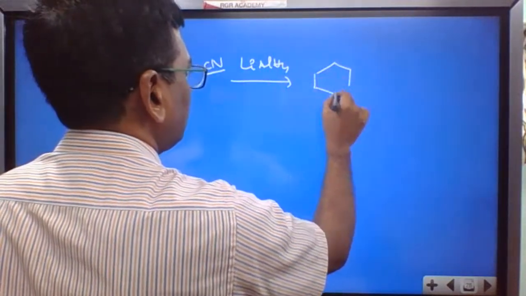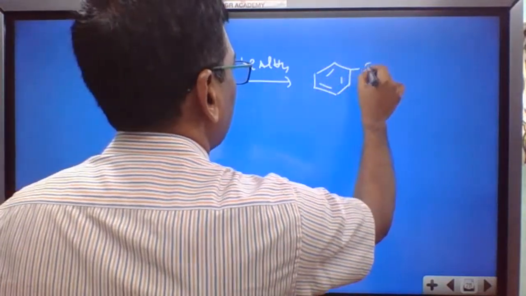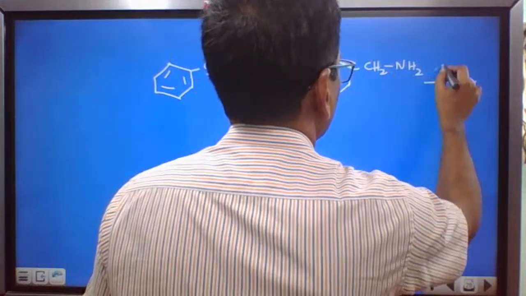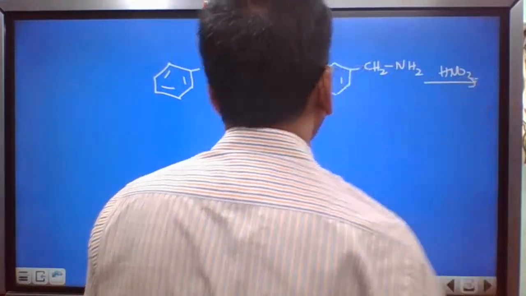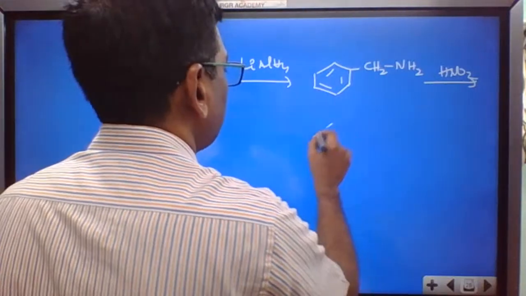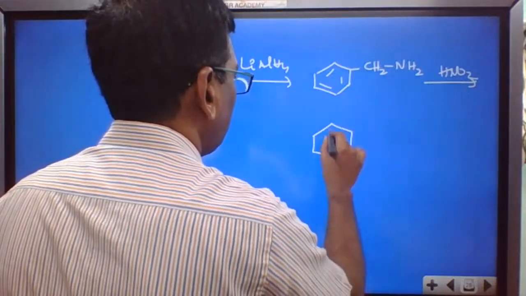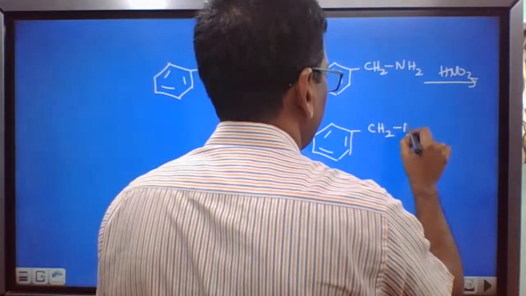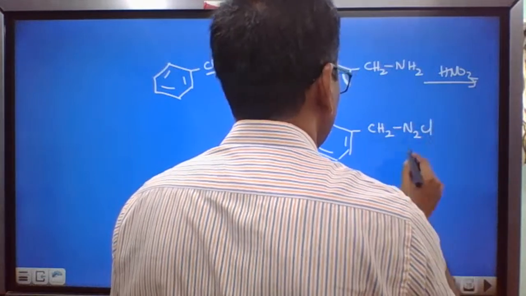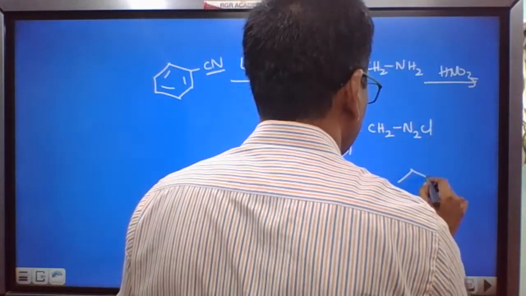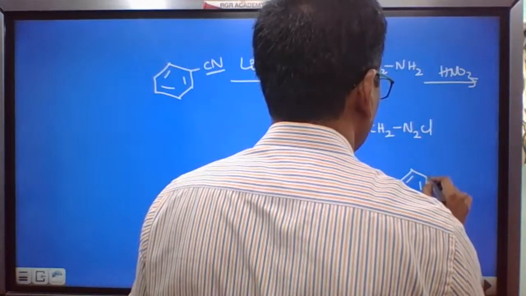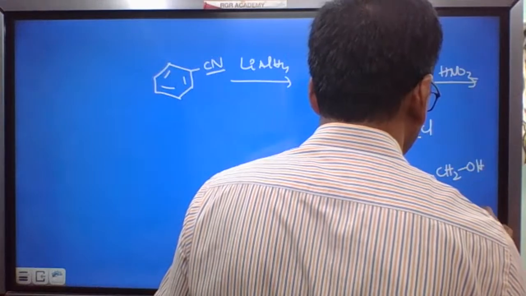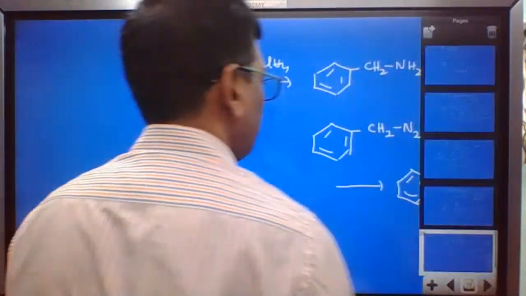Cyanides undergo reduction to give primary amines, CH2NH2. This is treated with nitrous acid. What happened? Diazotization takes place, but it is an aliphatic diazonium salt. You will get N2Cl, which is highly unstable. Immediately it converts into alcohol by losing nitrogen gas. So the answer will be this.